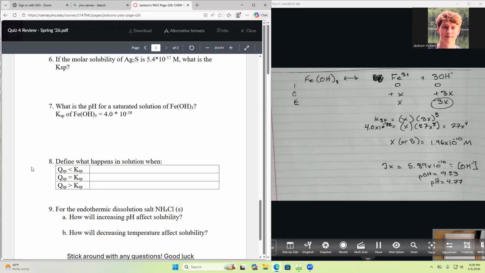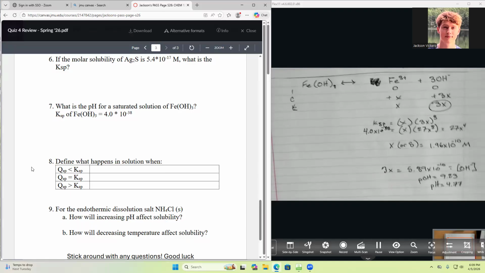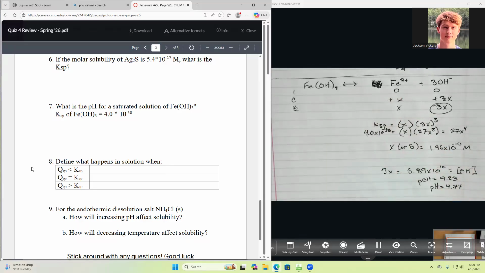If QSP is equal to KSP, we're at equilibrium, we're saturated. That means we're at the exact amount of ions that we would consider equilibrium with this KSP value. And anything past that, if we had QSP greater than KSP, that would be called supersaturated. That's something you can really only do in a lab setting, as far as I know.